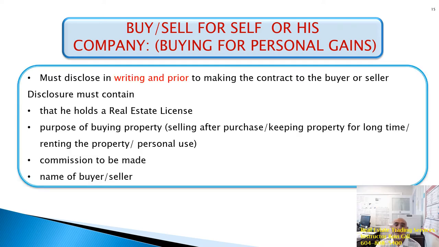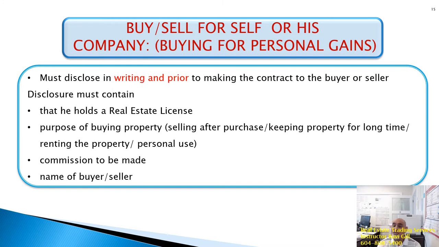Okay, if you're buying or selling for yourself, you're allowed to, but there are going to be a lot of problems or difficulties with your insurances and errors and omissions. But you are allowed to buy for yourself or sell your own property or for a company that you're associated with.